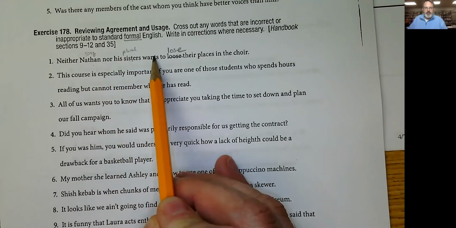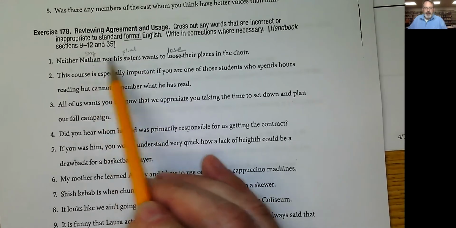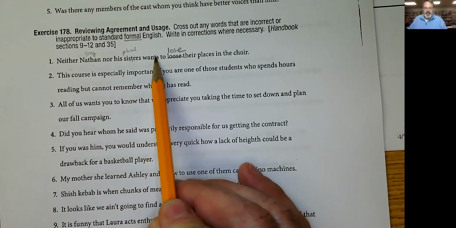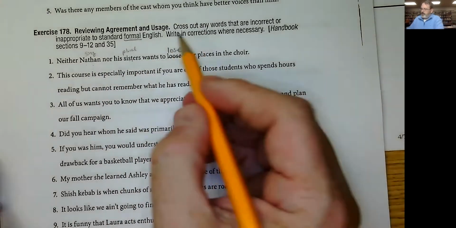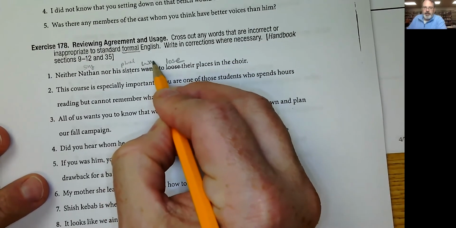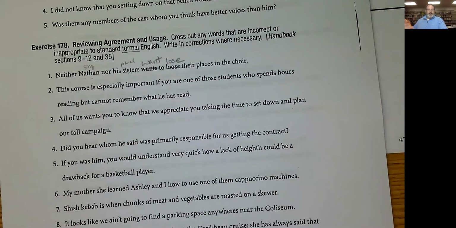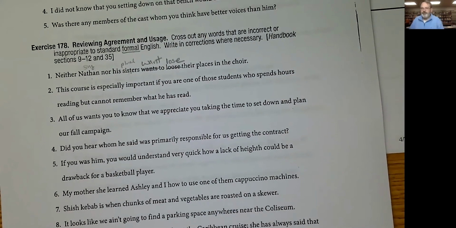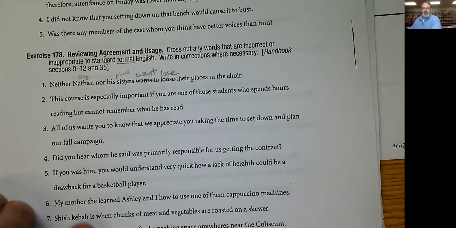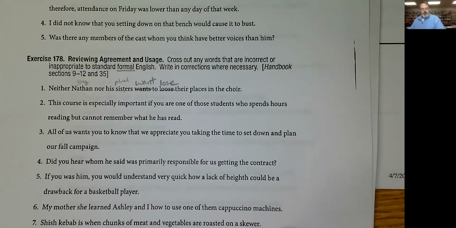Nathan wants, it sounds right. So that means wants is singular. Nathan wants. Sisters want without the S because sisters is plural. So we need to use a plural verb, want. Okay? That's all you have to fix on that one. So you can do the rest. There's from 2 to 9. Get that taken care of, please, and get that uploaded, and I'll give you a grade.